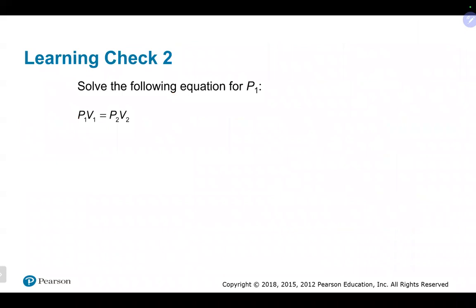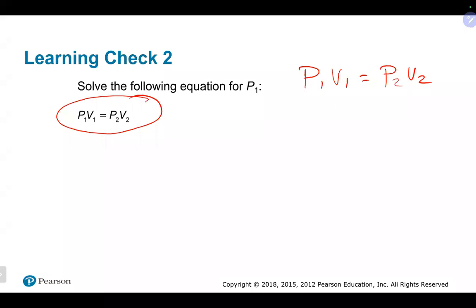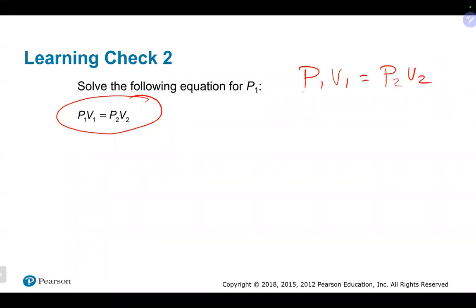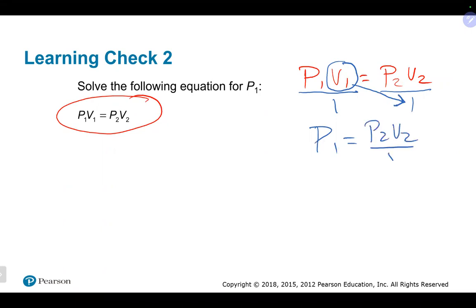Now, when we look at this and we want to solve for P1, we have P1 V1 is equal to P2 V2. If you want to do a quick move it to the opposite location, even though these guys are not really written as a fraction, they basically are over 1, which means that V1 needs to go to the other side on the bottom, and you will end up with P1 is equal to P2 V2 over V1.